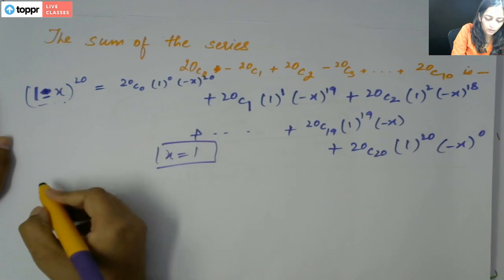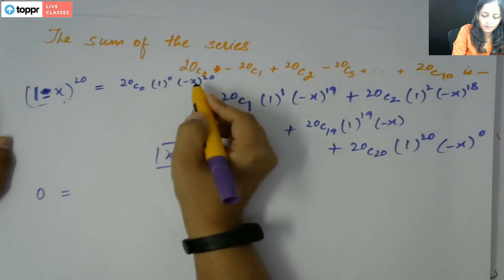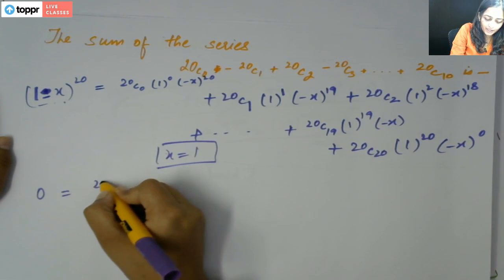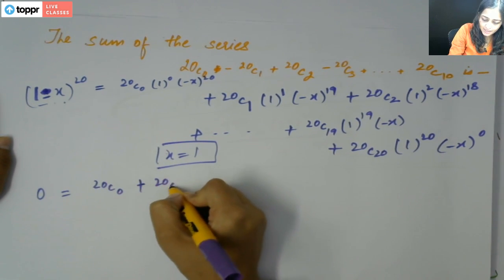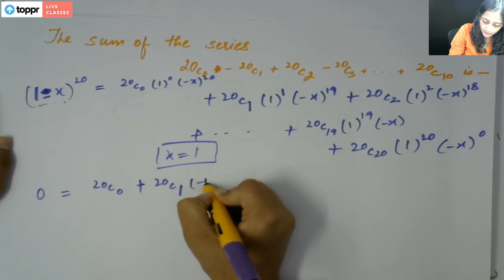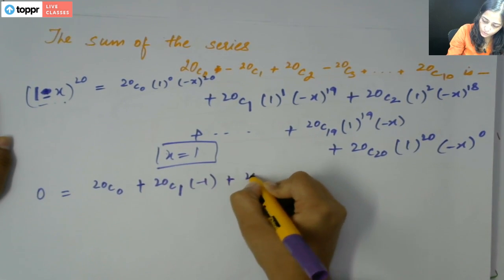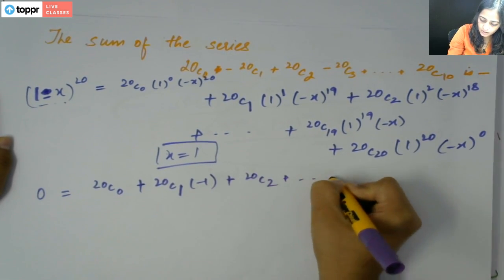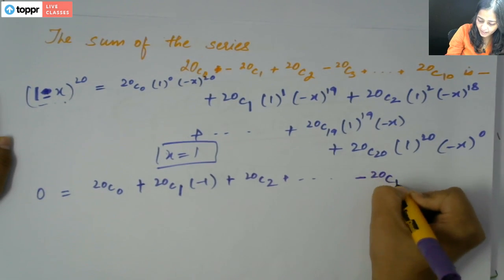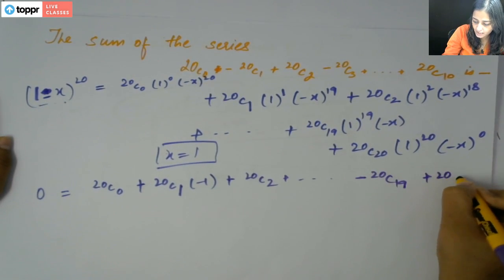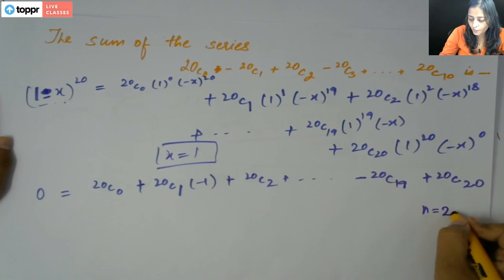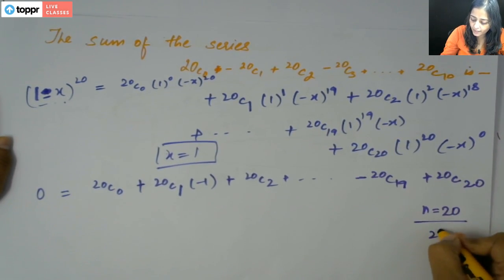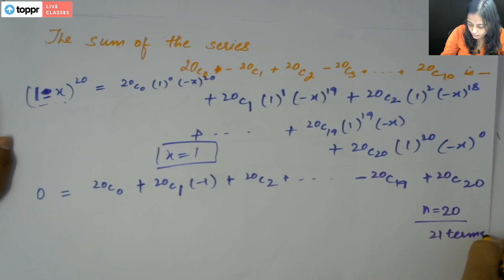Here I will get 0 on the left hand side. 0 is equal to 20C0 plus 20C1 into minus 1 plus 20C2 and so on, minus 20C19 plus 20C20. Here my n is equal to 20, so I'll have 21 terms in this expansion.